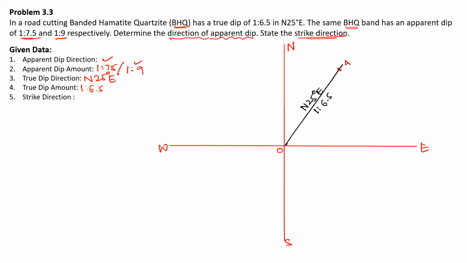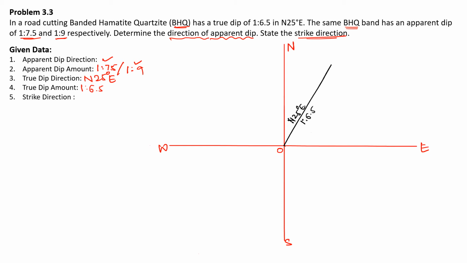Now, like previously, I need to plot the true dip direction here. I'll reduce it. North 25 east, 1:6.5.